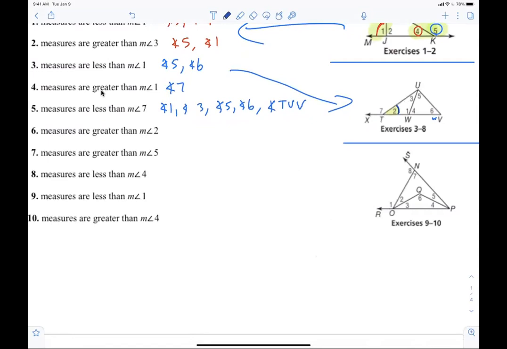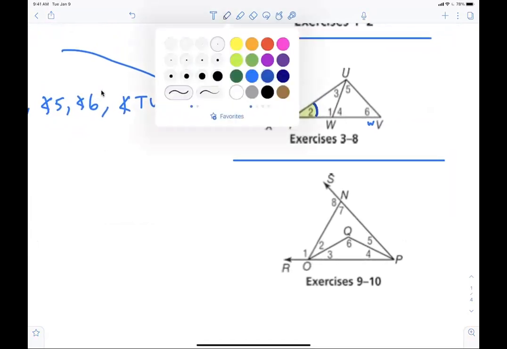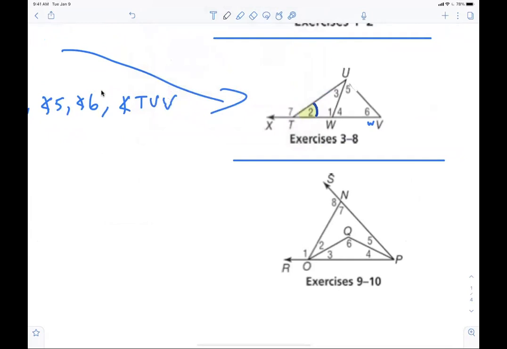What's the number 6? Is it 5? Okay, so I have angle 4 written down. Okay, because, and again, I think I understand the problem. I want you to get rid of this line right here. That has nothing to do with angle 2, right?